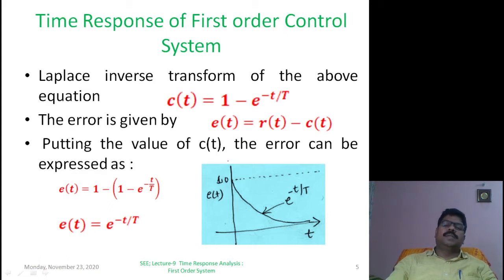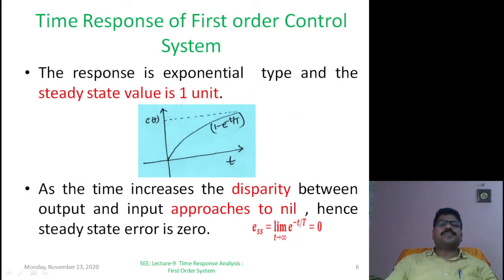So here in this graph, you can see that at t equal to 0, the error has its highest value of 1, while as time passes, this error decreases to 0 as t tends to infinity. As the error decreases, the steady state value reaches the unity value.